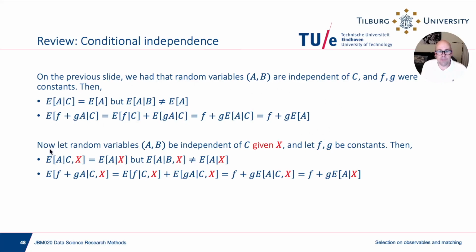So now what we do is we say all this is still true, given X. I still have my constants F, G, and I still have my A, B, and C. I'm just saying that A, B is independent now, given X. And what that means is I get the exact same relationships as I had before, with the one difference that there's always an X in the conditioning set.